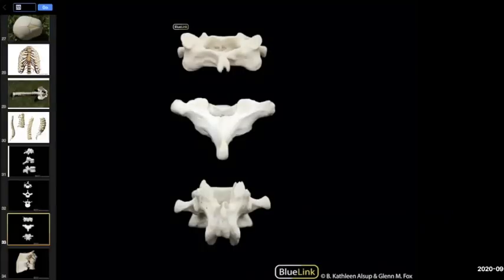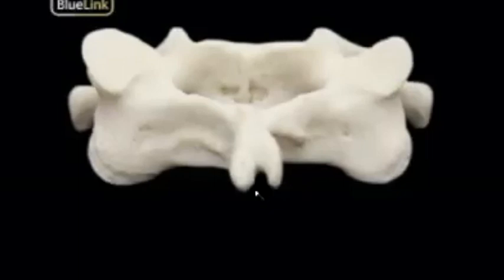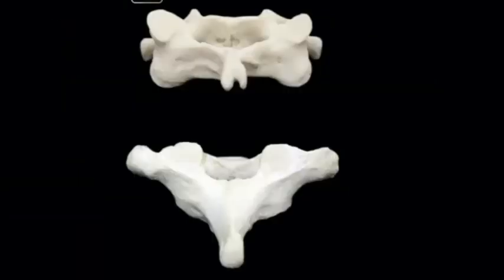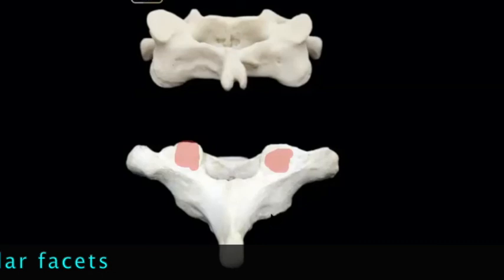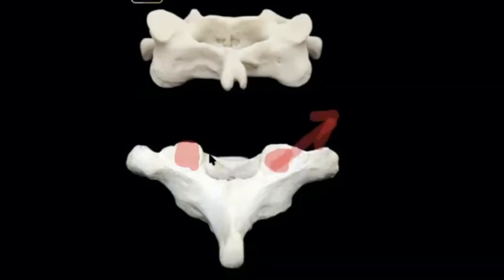Again, this bifurcation of the spinous process indicates that it's a cervical vertebrae. These right here, and I have a better picture, are your superior articulating facets, right? Notice they're pointing outward.